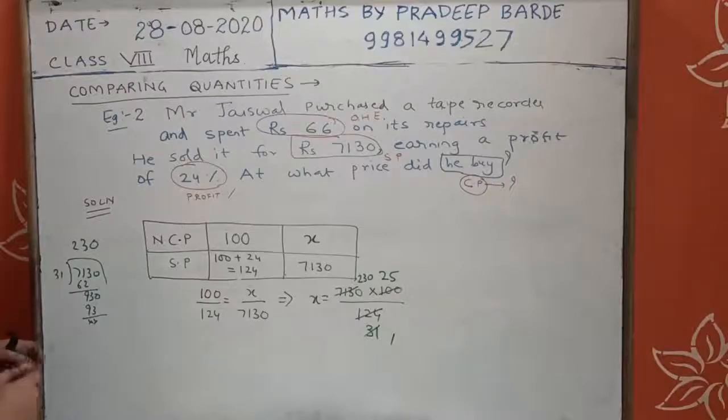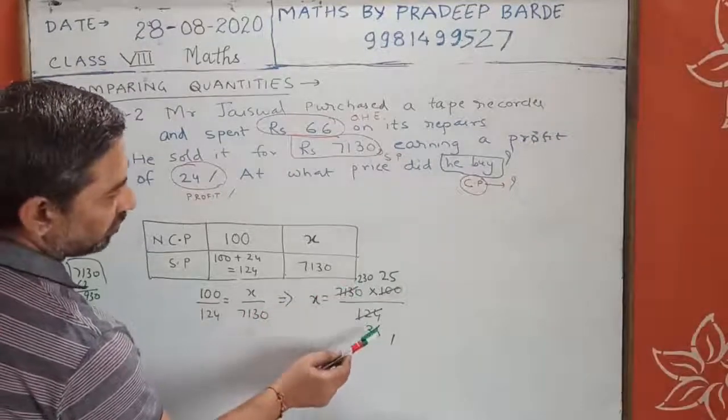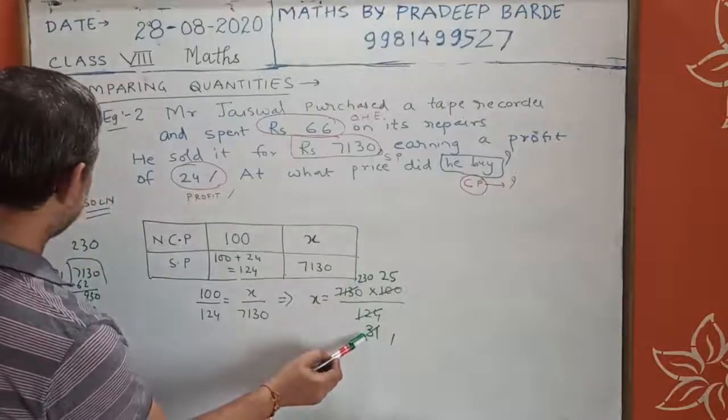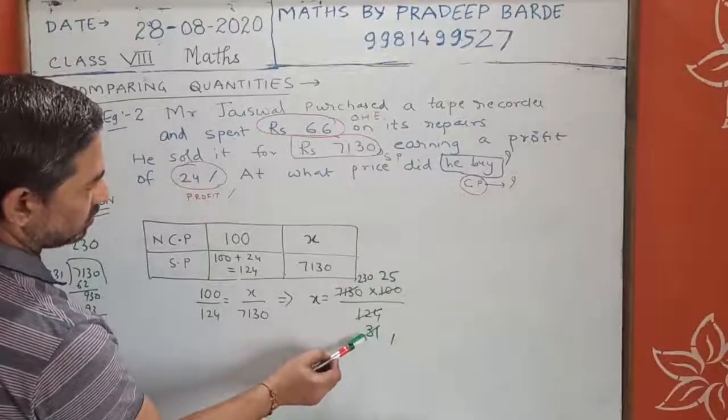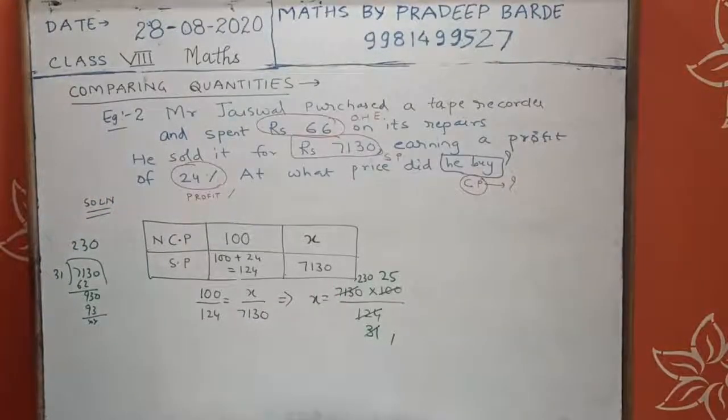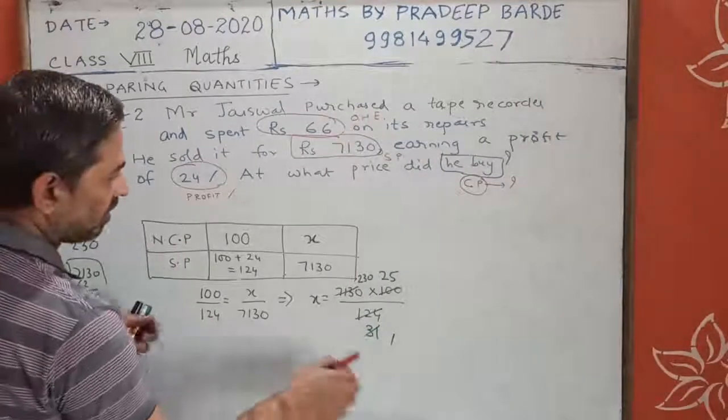Okay? 23 into 1 is 23, 2 remainder, 23 into 3 is 69 plus 2 is 71. Yes, it is 230.